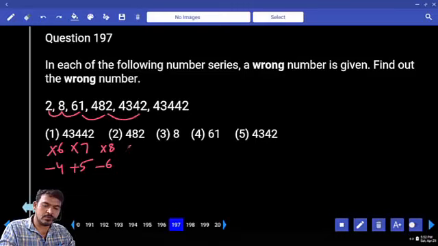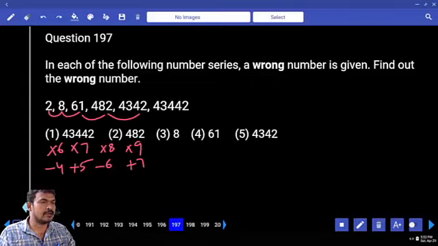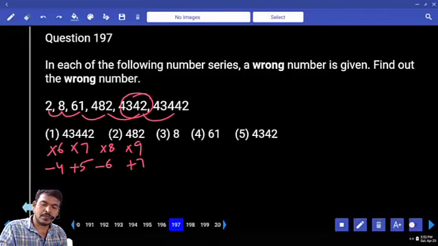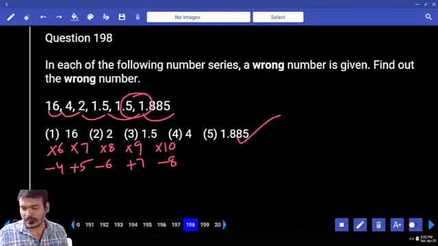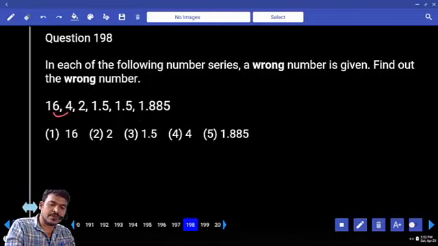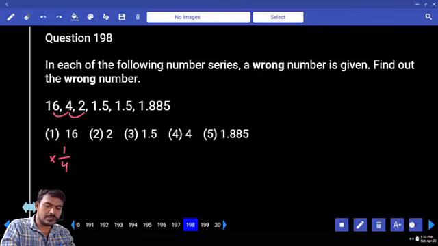Next one, times 9 minus 7, or plus 7 plus 7. 482 times 9 ends with 8 plus 7, which means it ends with 5. Then the wrong number is 4352. Next one, times 10 minus 8, or plus 8 minus 8. What is the wrong number? 4342.